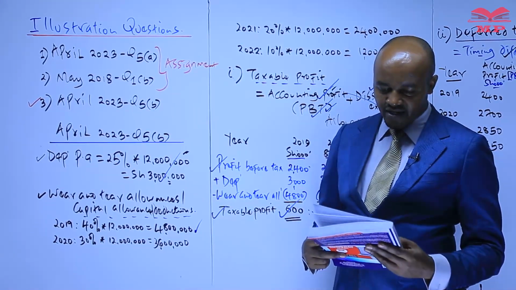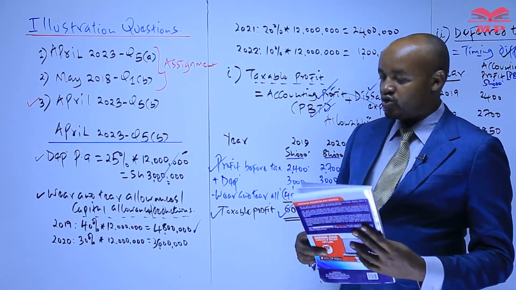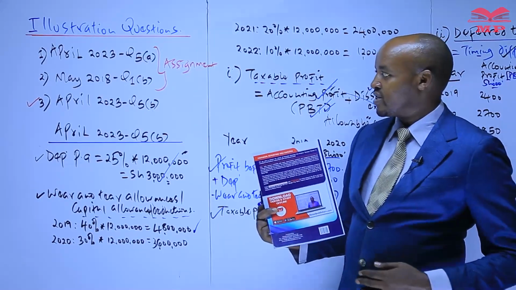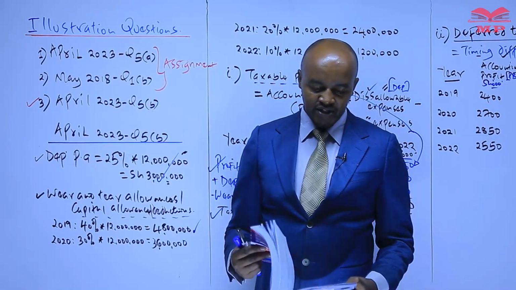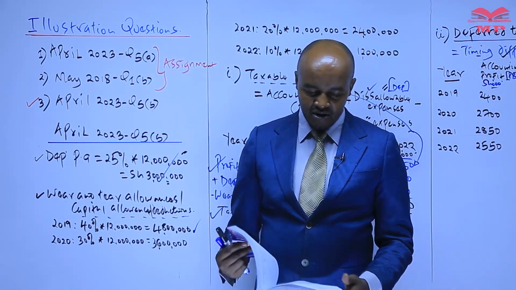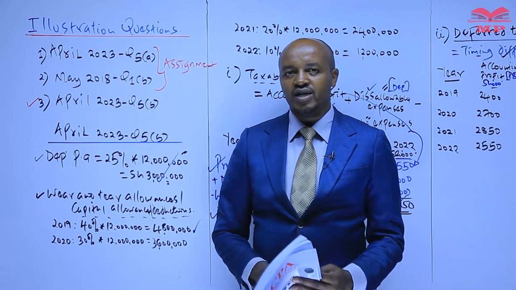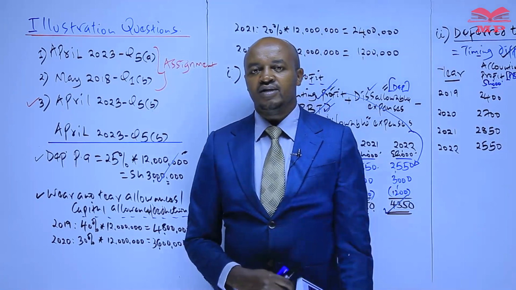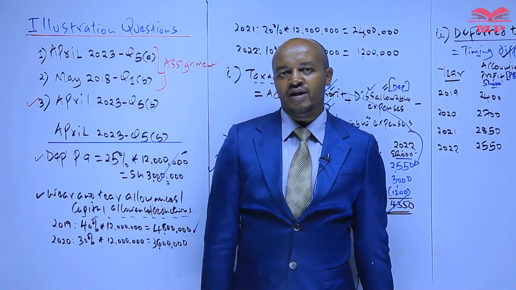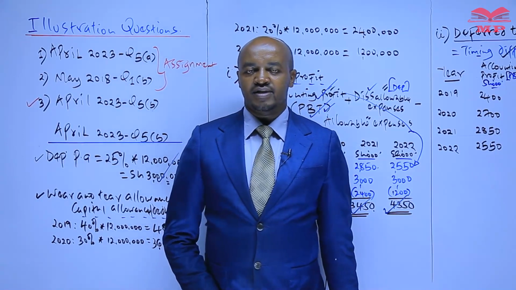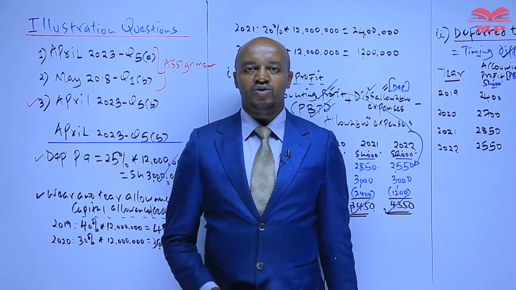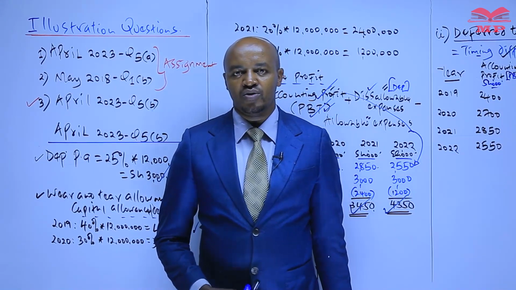But equally, I've said that if you have a challenge, make sure you acquire this revision kit and check the solutions at the back of that book. So that brings us to the end of that subtopic on income taxes. Let's meet in our next class as we look at the other subtopic, still in topic number 1.